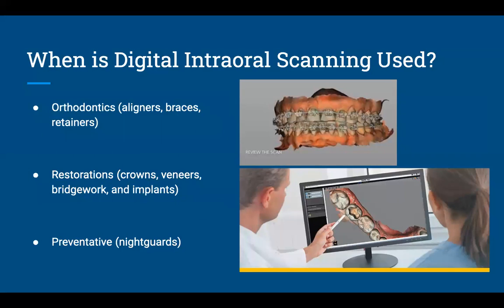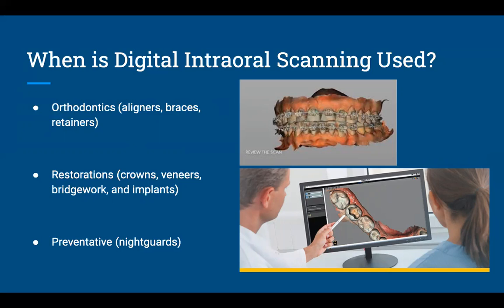Okay, so now we're going to talk about why and when we would use this. As you can see in both of the pictures, the first one is for orthodontics. It can be used on aligners, braces, retainers, any of that, and it could really help on the orthodontic side of dentistry.